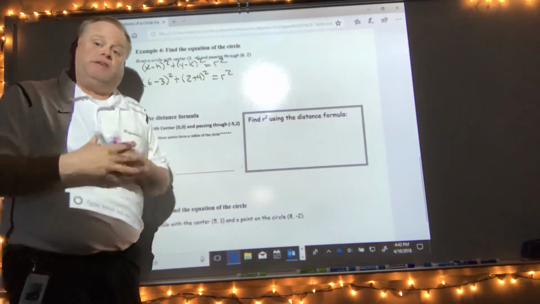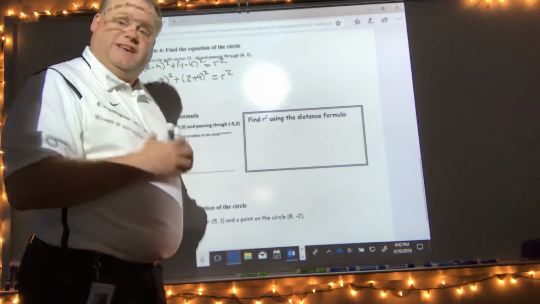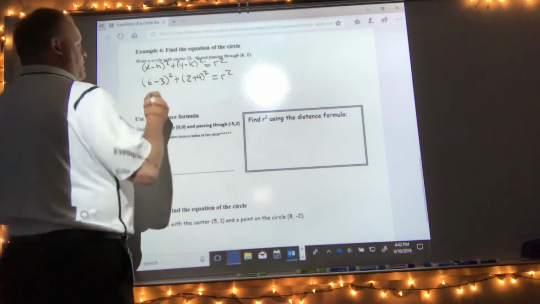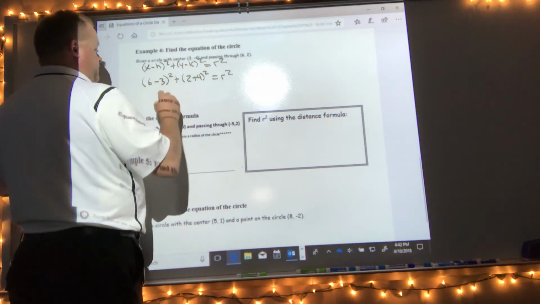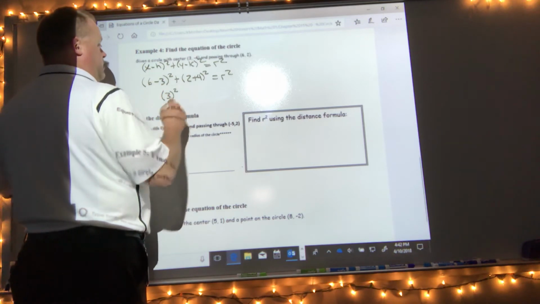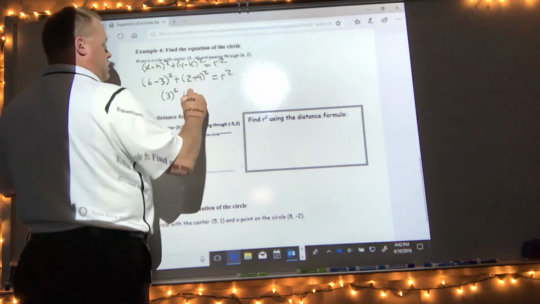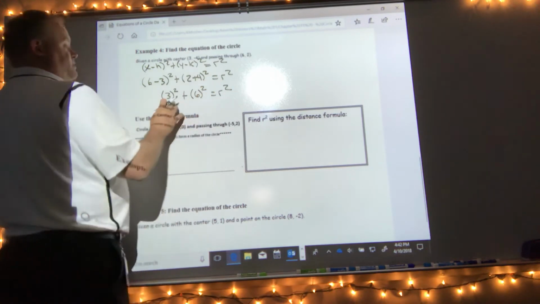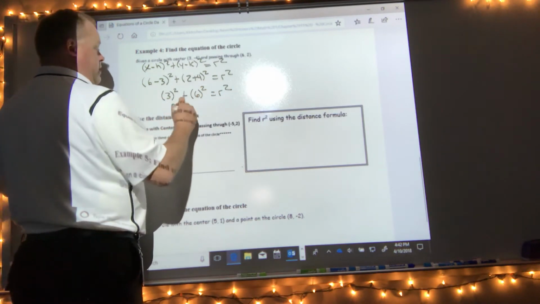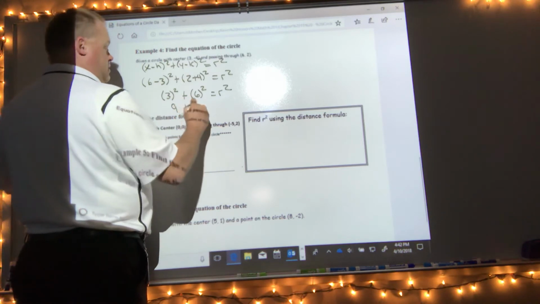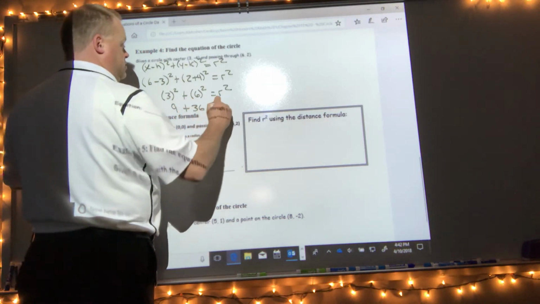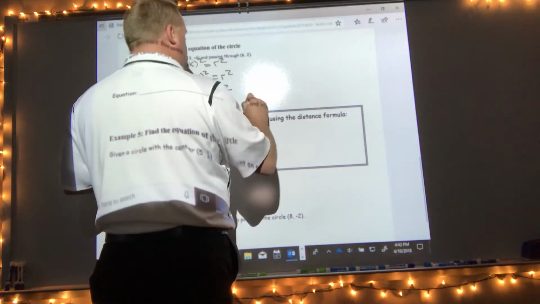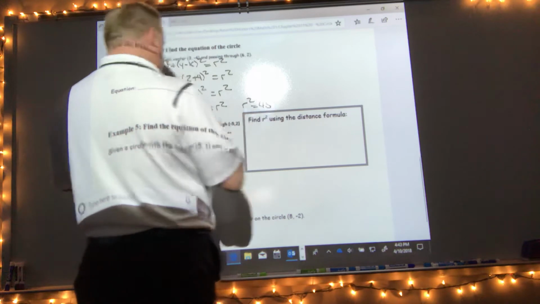So in essence, all I've done is plug both sets of points into the equation. Now from here, 6 minus 3 gives me 3 squared plus 2 plus 4, 6 squared equals r squared. What's 3 squared? 9 plus 6, 36 equals r squared. 36 plus 9 is 45. So r squared is 45.